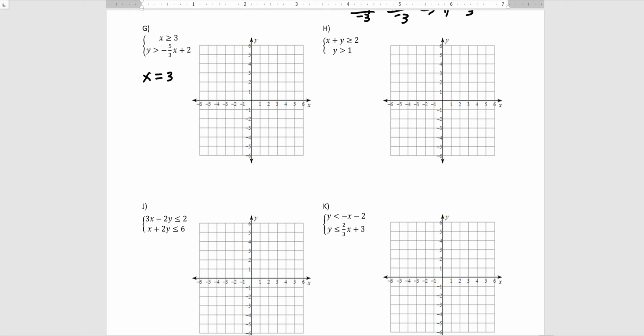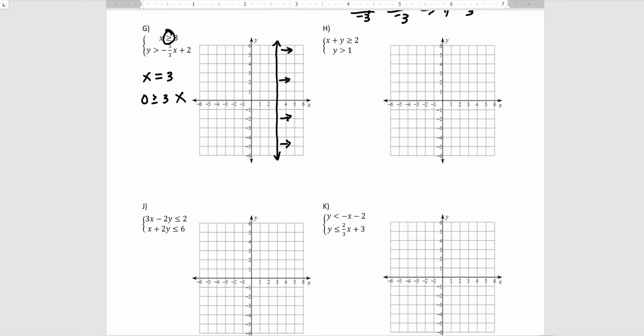X equals 3 is a vertical line at 3. Solid or dash? Solid, since we have that greater than or equal to. So a solid line here at 3. And then I'm saying if I plug in 0, 0 is greater than or equal to 3. Is that true or false? That's false. 0 is less than 3, so not true. So this will shade away from 0, 0.